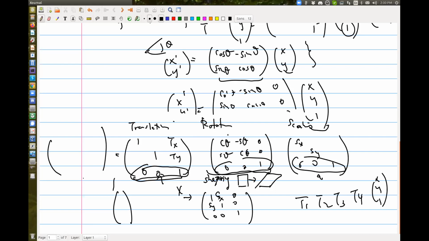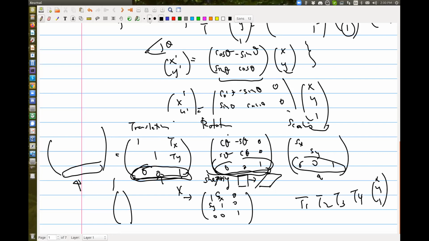I guess I shouldn't waste time like this, because you can easily verify it. But actually, maybe I should still do it. If the last row of the matrices is 0, 0, 1, you can easily see that this last row will be 0, 0, 1 as well.